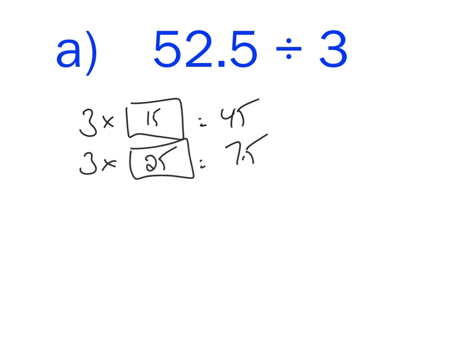Now if we put the decimal in, it's 2.5. So 3 times 2.5 is 7.5. Then what we do is we take the 15, the 2.5, and we add them together. So 15 plus 2.5 is 17.5.